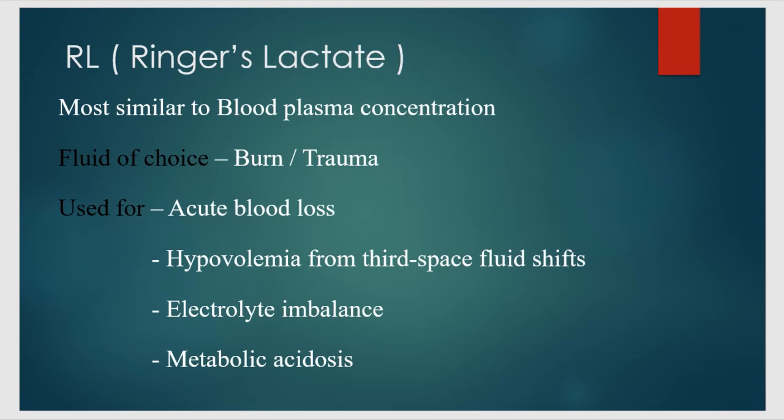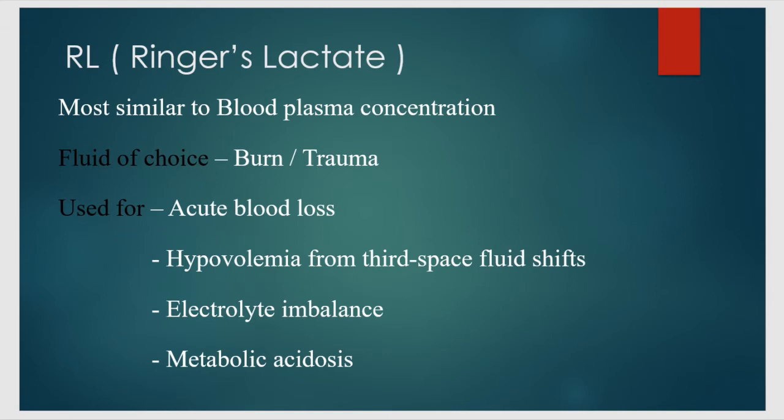It is also used in patients presenting with hypovolemia because of third space fluid shifts. Third space fluid shift means any patient presenting with, let's say, ascites or massive pleural effusion, and he or she is dehydrated, or massive generalized edema. In all these cases, the Ringer lactate is the choice available to us.